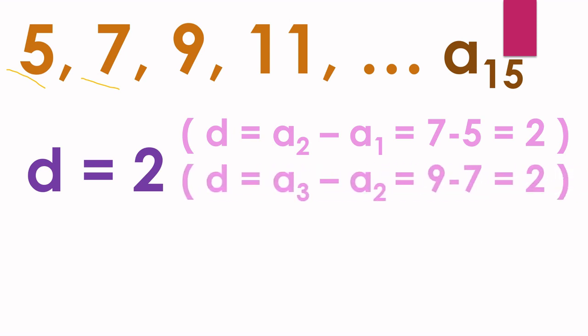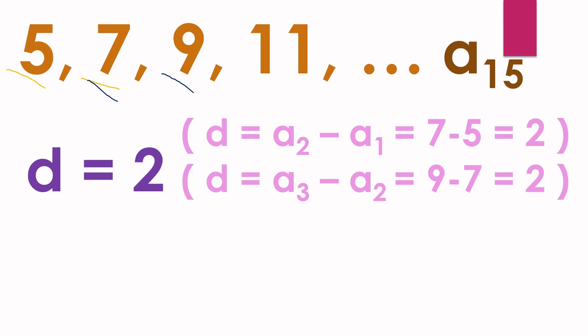By checking, we may also subtract a sub 2 from a sub 3. That is 9 minus 7 equals 2.